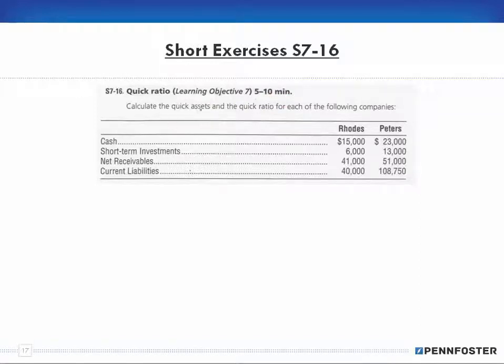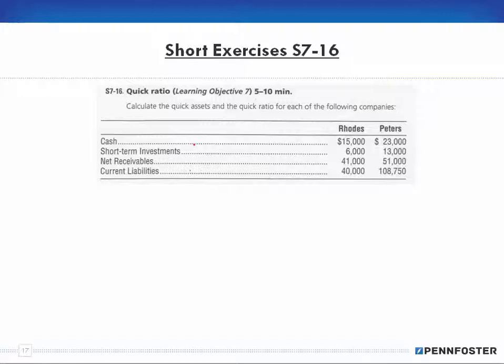Definitely, if you don't know what a quick asset is or the quick ratio, go back and watch the theory video for this chapter, because I explain the difference between current assets and quick assets.